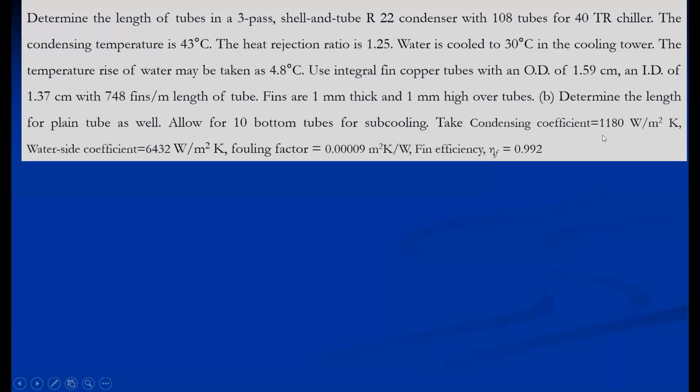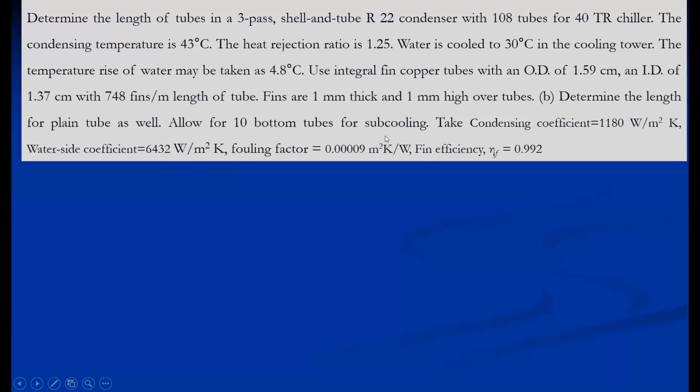The condensing coefficient is given as 1180 watt per meter square Kelvin, and the water side heat transfer coefficient is given, that is 6432 watt per meter square Kelvin. Now here you can say the condensing coefficient, because this is the configuration of shell and tube. So obviously the condensation is taking place outside the tube, and water is flowing through the tubes.